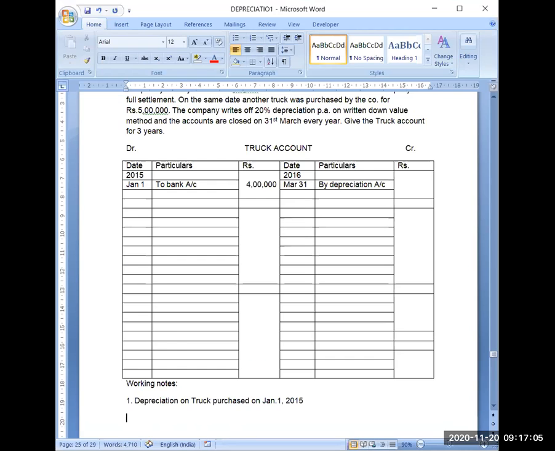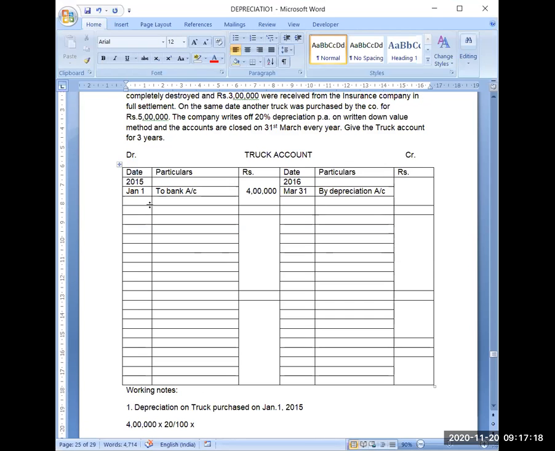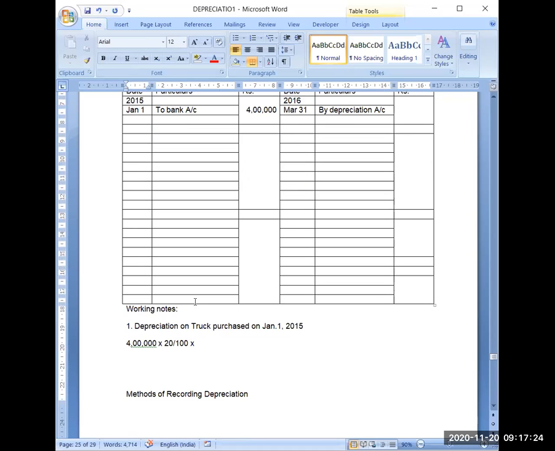Amount is 4 lakh multiplied by 20% is the rate of depreciation. Now we have to count the time. So we have used this truck in this financial year only for January 1 to March 31st. Means 3 months we have used. So we will charge depreciation for 3 months only.